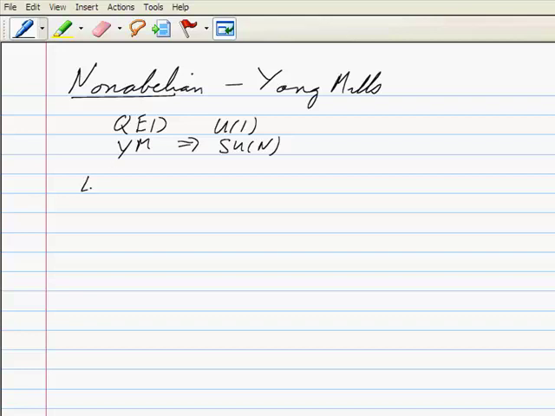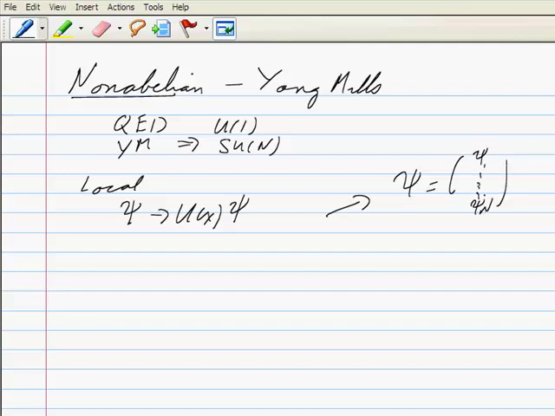So we want a local symmetry, which would be something like psi goes to U of x psi. In SU(N), psi is some psi 1 through psi n, there's n of them.